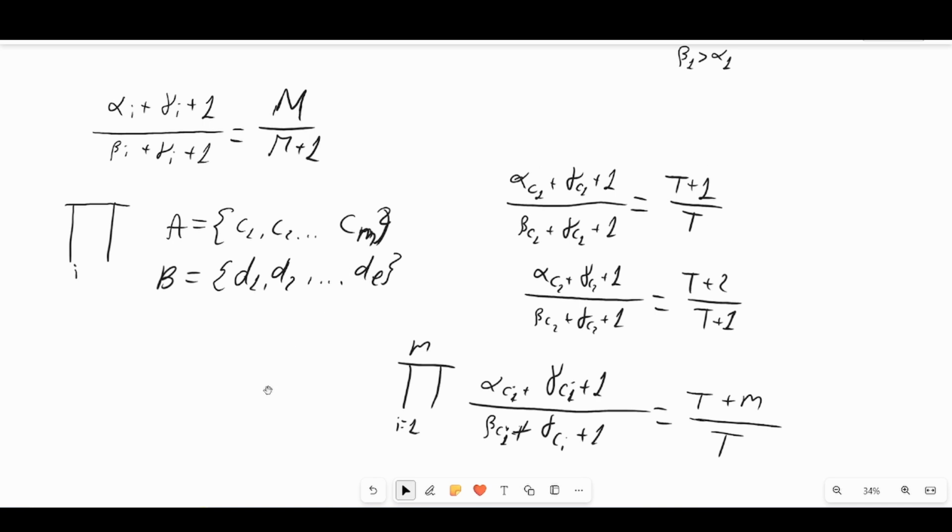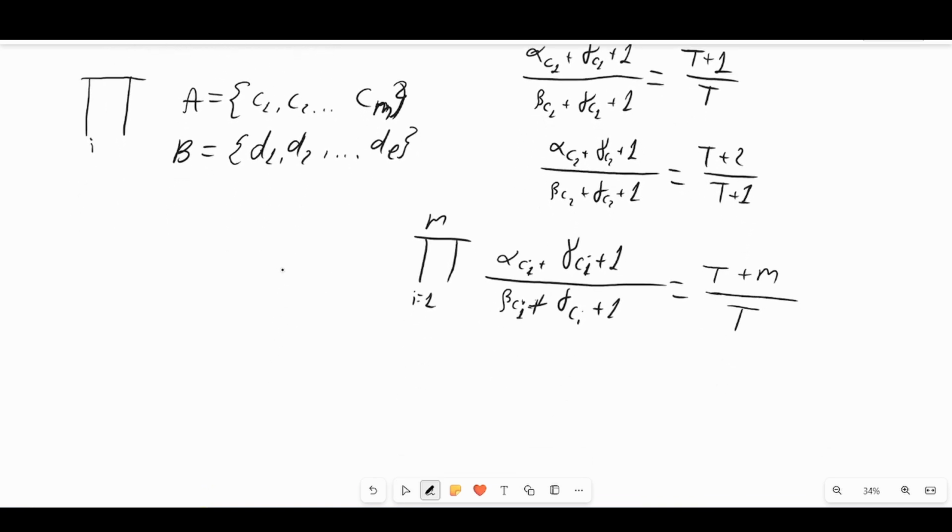And if we write the same thing for the elements of B, we get the product for i from 1 to L of alpha Di plus gamma Di plus 1 over beta Di plus gamma Di plus 1.